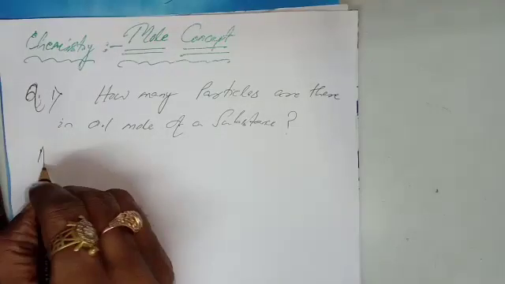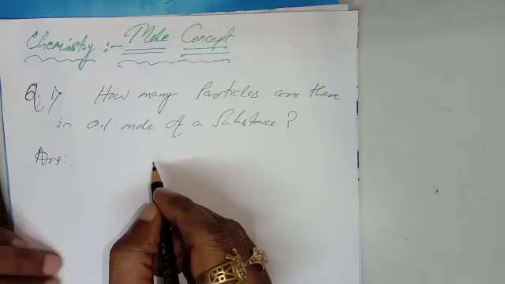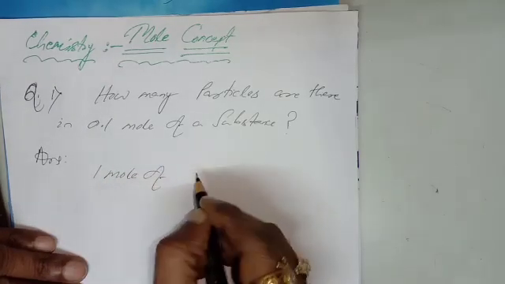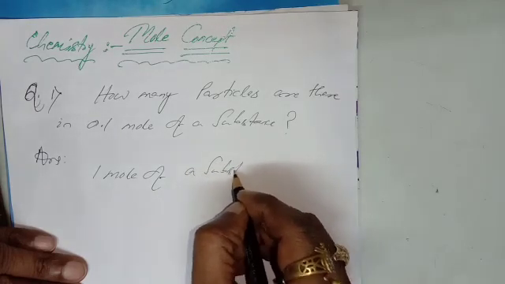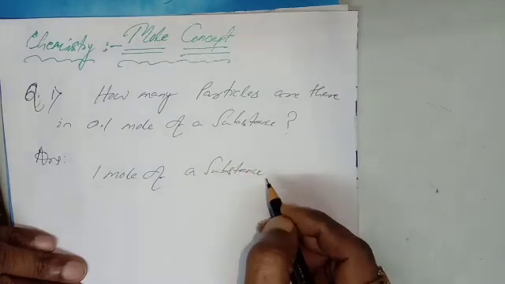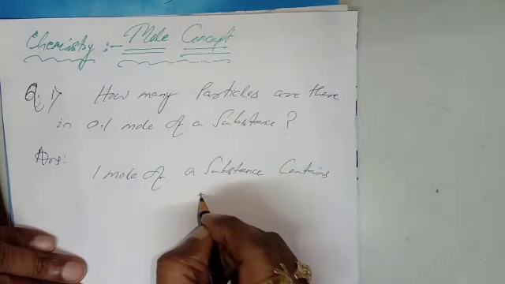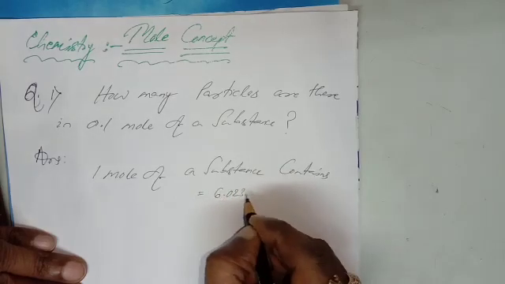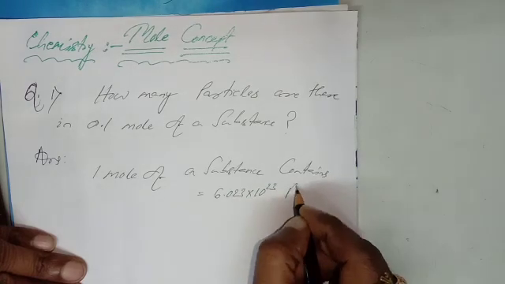First of all, you should know 1 mole of a substance is equal to how many particles? 1 mole of a substance contains 6.023 into 10 to the power 23 number of particles.